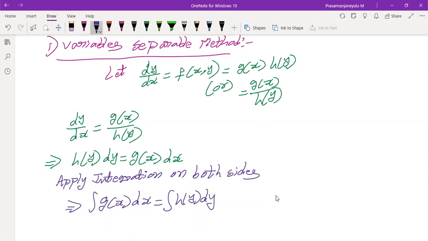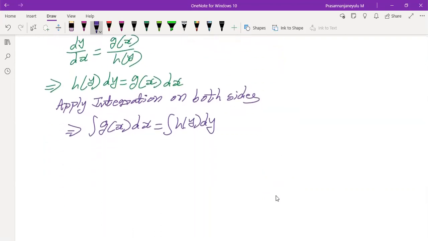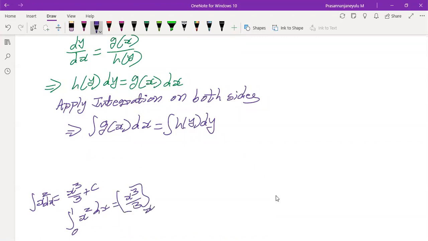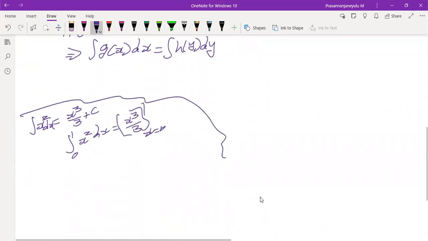Now, any of you can say, what is the integration of x square in general? x cubed by 3 plus c. In the same manner, when I provide the integral from 0 to 1 of x square into dx, we are not going to get c; we simply get x cubed by 3 with x limits varying from 0 to 1. This happens only when no limits are provided on the integration.